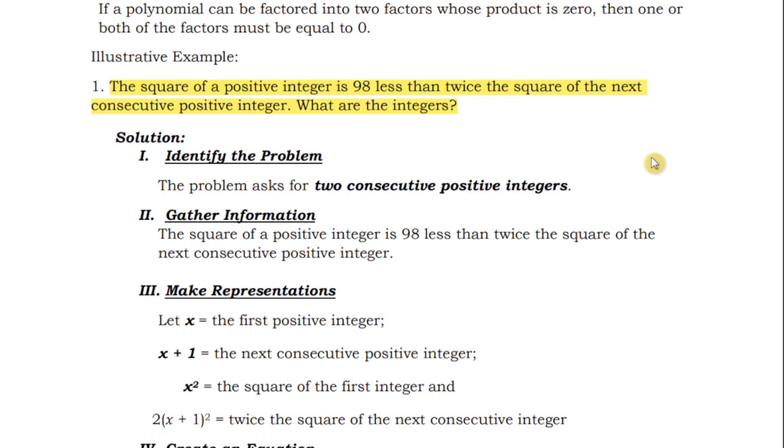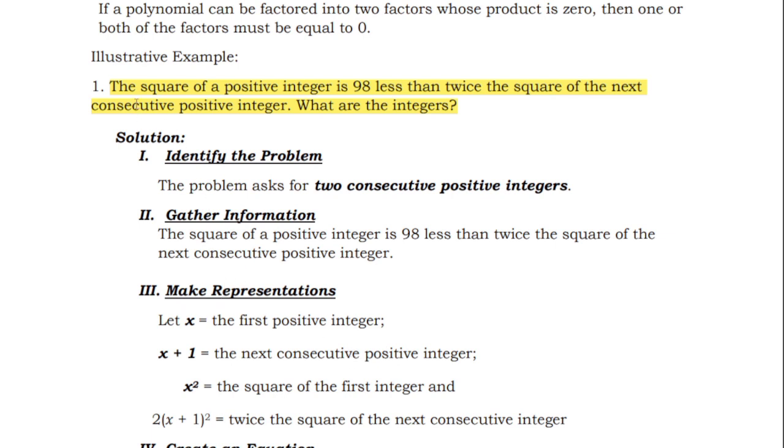As we identify the given problem, we come up with two consecutive positive integers. We let the first integer be x, and the next integer will be x plus 1.